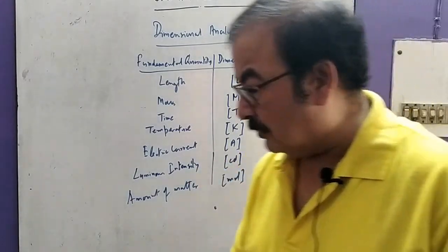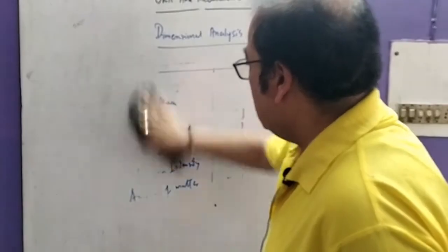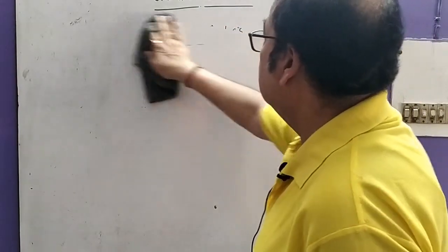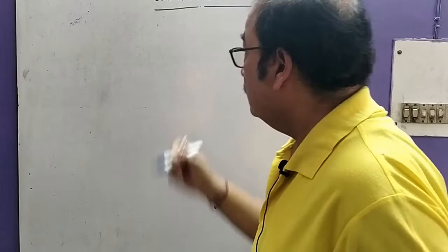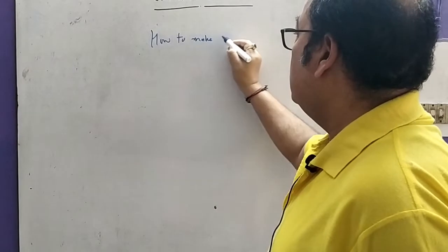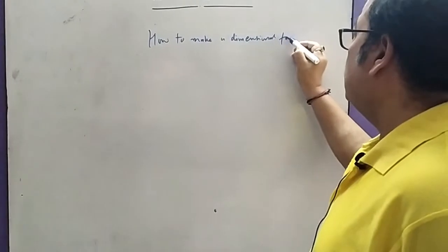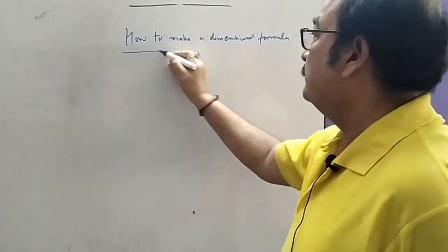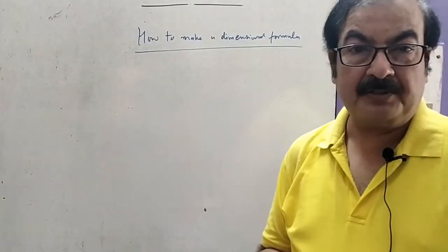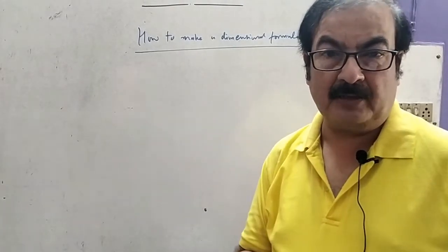Therefore, before we go further, we have to discuss how to make a dimensional formula. First we have to mention the physical formula of that particular physical quantity.